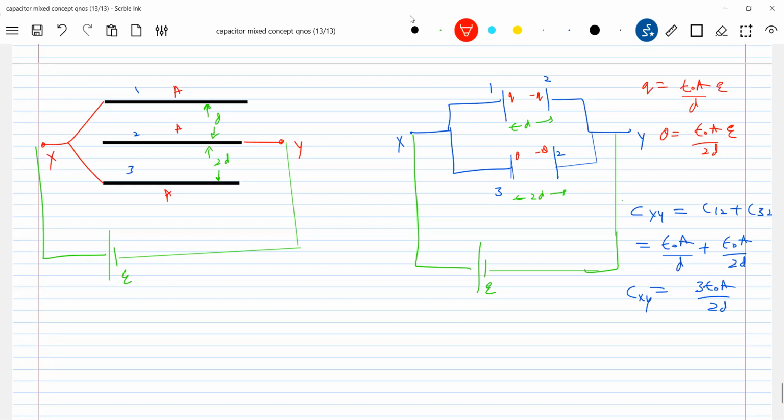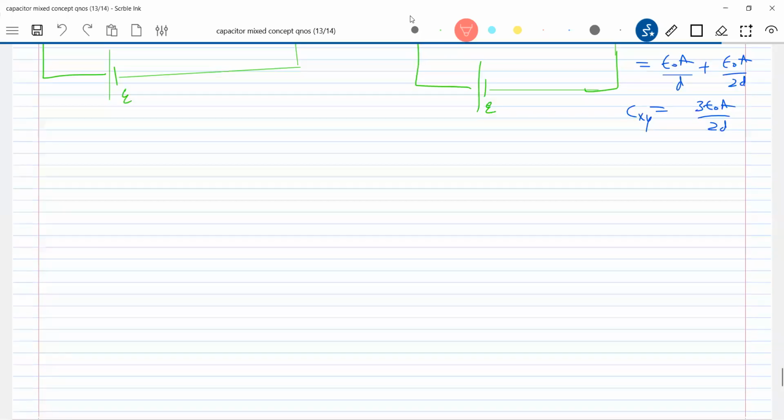It should be some value, and the charge on plates 1 and 3 will be different. So they may trouble you with any of these questions, not just this one. Further, they may ask you charge. Like this, some n number of plates, different configurations.